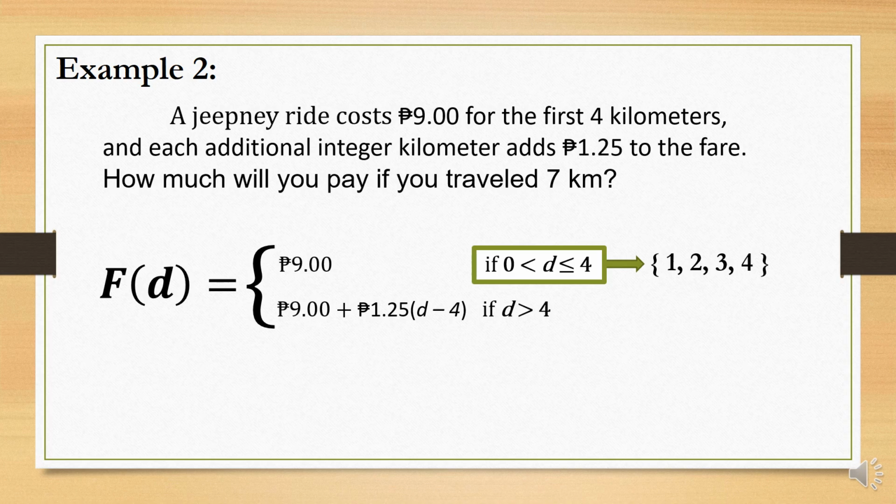We can only apply this function if D is greater than 4. Now, ano ibig sabihin ng D is greater than 4? We can only apply the second subfunction if you traveled 5 kilometers, 6 kilometers, 7 kilometers, 8 kilometers, 9 kilometers, and so on.